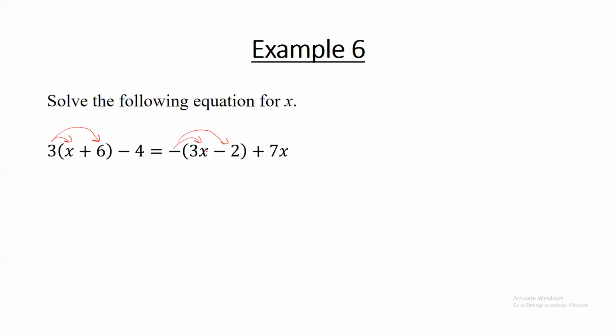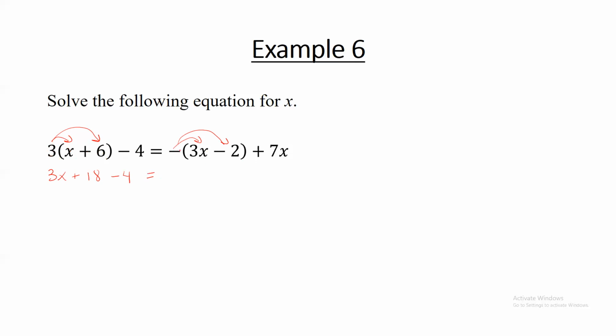And we can do it on both the left and the right side of the equation. So distributing the multiplication over addition, 3 times x is 3x, plus 3 times 6 was 18. We still have a minus 4. Notice we're not distributing 3 to the 4 because it wasn't in the parentheses.